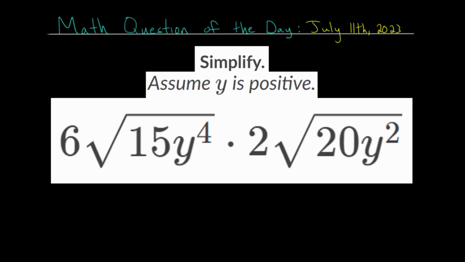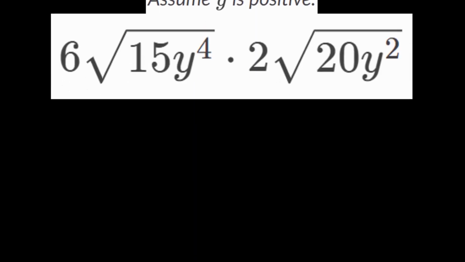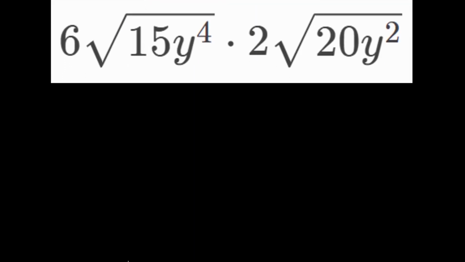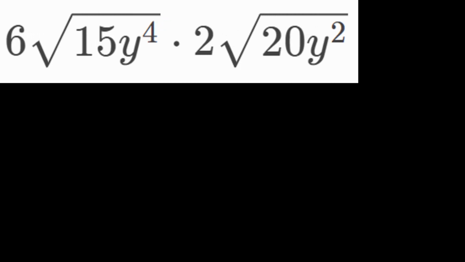Now, assuming that you have attempted the problem, let's start working through this. With simplifying, it is helpful to assume that our variable is positive, since then we won't deal with any issues with imaginary numbers. Though in this case, we wouldn't have that anyways because we're raising these to even powers.